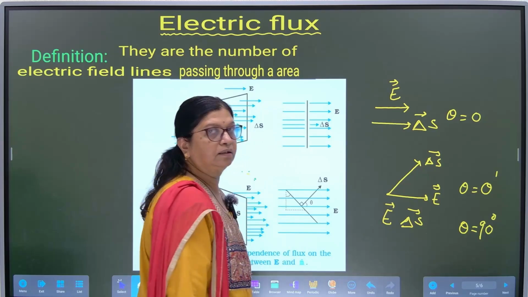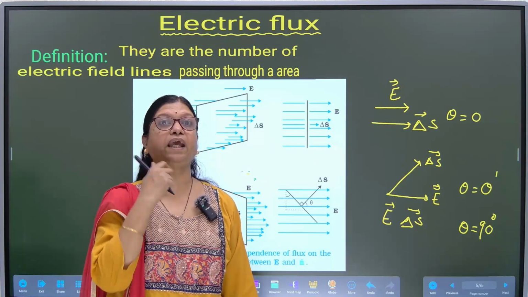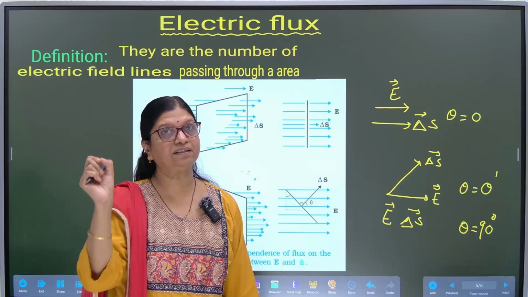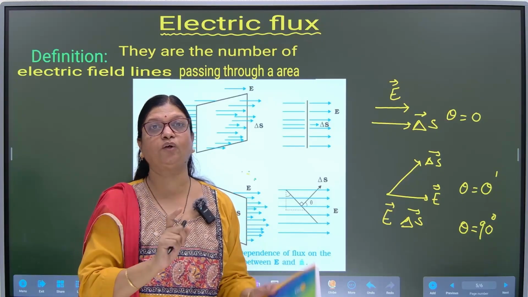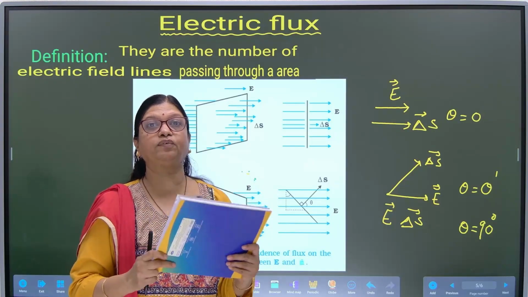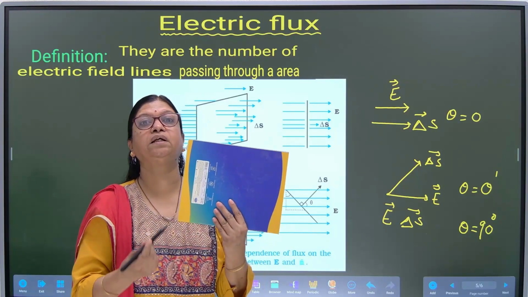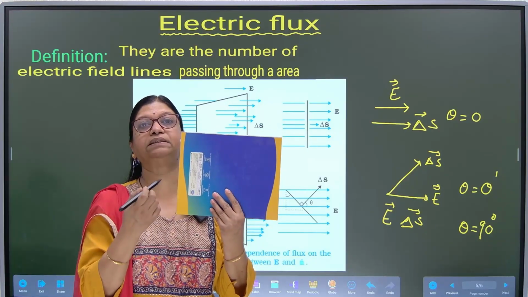Right? So here we have to be very careful about what is written in the question and determine the direction of the area element. The direction of the electric field is already given to you. The direction of the area element is always perpendicular to the surface which we are considering.